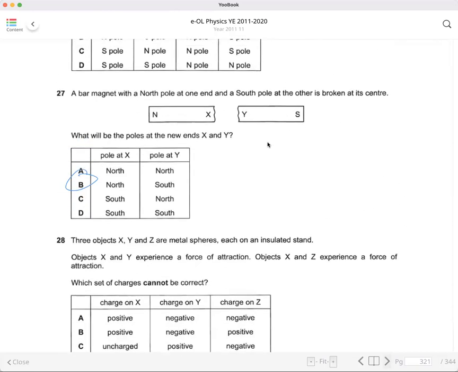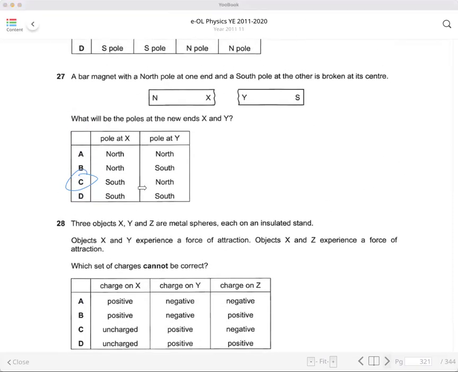Everybody do question 28 now. You all may begin. I'm still doing question 28.